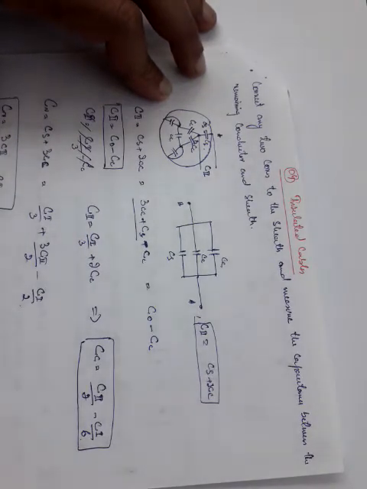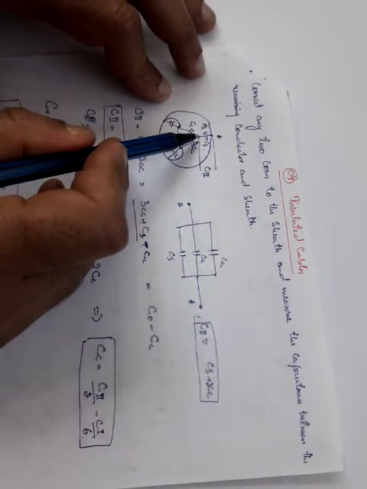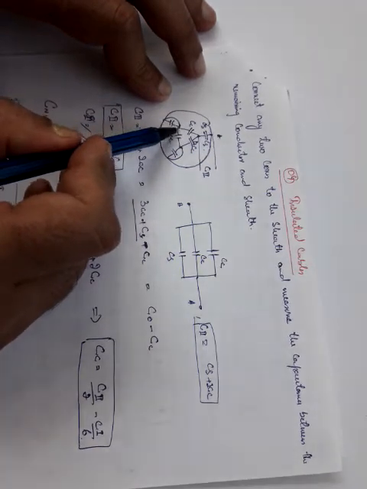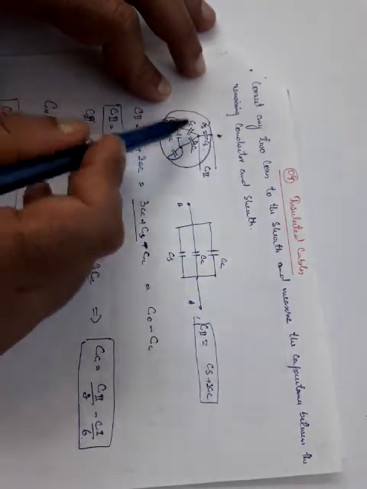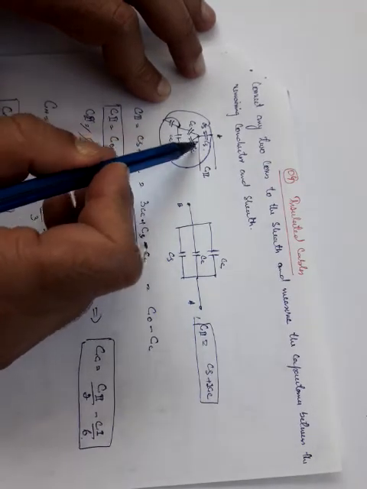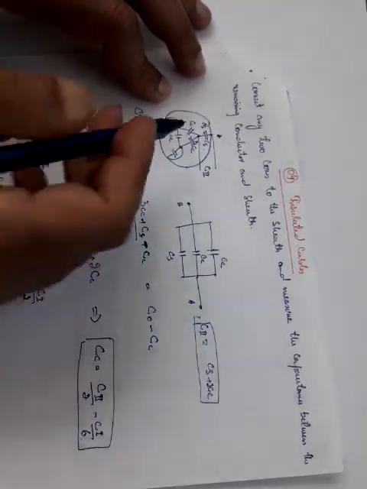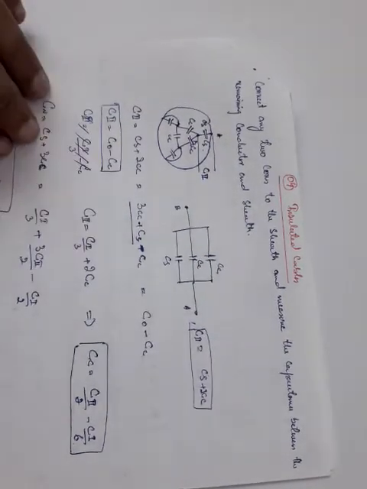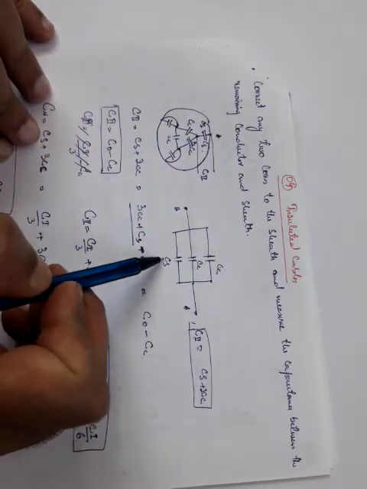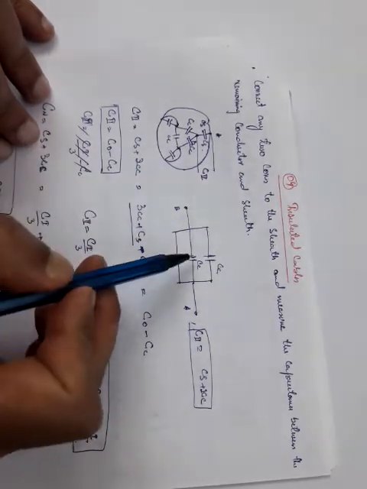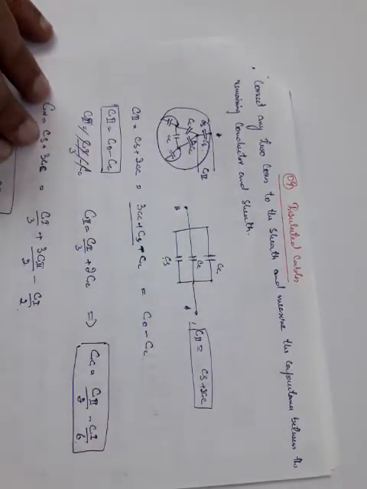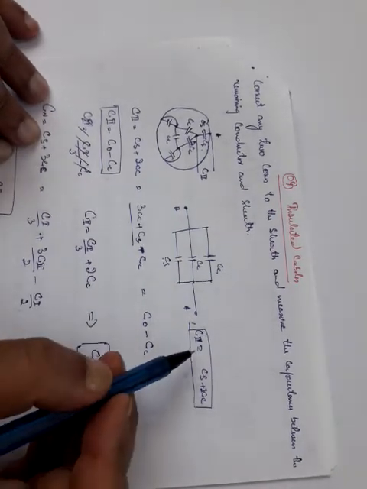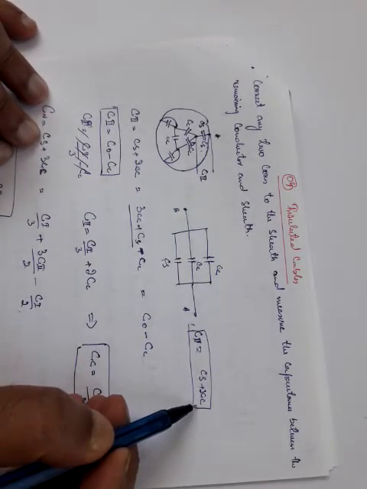From here also you can see that one of these points and this point are connected through the sheath, and this point is common to the three capacitors. So here also, all three capacitors will be in parallel. This Cs is here, this Cc is here, and this Cc is here. So this C second will be equal to Cs plus 2 Cc.